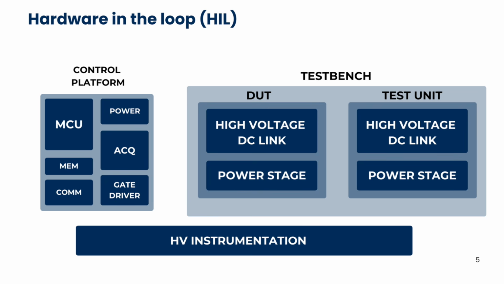This test unit will be also a high power unit. It has to be able to manage high voltage with a high voltage DC link and also a power stage. The test unit has to be able to manage the same power as the device under test and even more power in order to be able to generate different kinds of faults, for example.